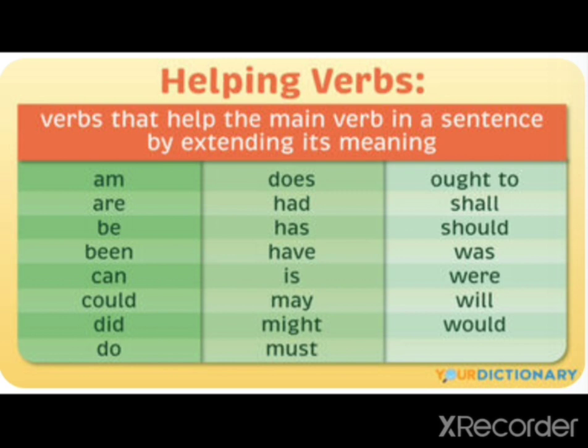Let us take examples: am, are, be, been, can, could, did, do, does, had, has, have, is, may, might, must, ought to, shall, should, was, were, will, would. These are the helping verbs.